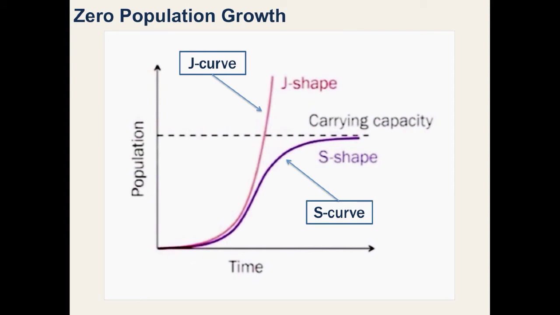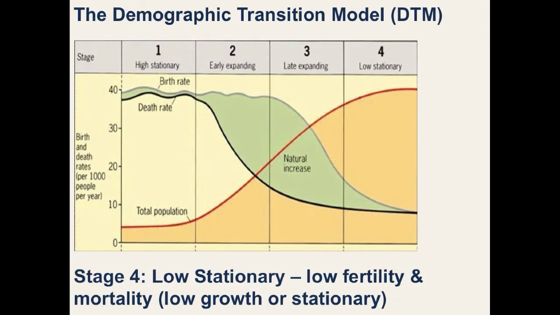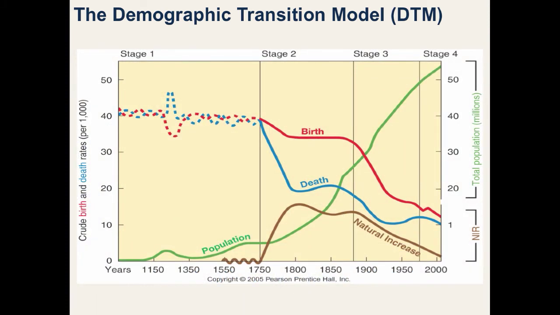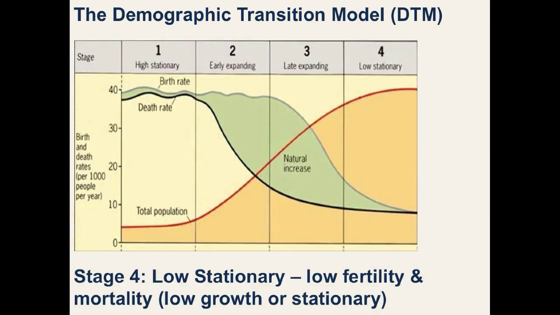Over time, Britain progressed into stage 4 of the DTM, called the low stationary stage, in which both birth and death rates are relatively low. Great Britain was obviously the first country to progress into this stage, and they did so by the 1970s. Through improved industrialization, women's rights, and increased use of contraception, countries like the United States, Canada, and France, among other developed countries, have entered and remained in stage 4.